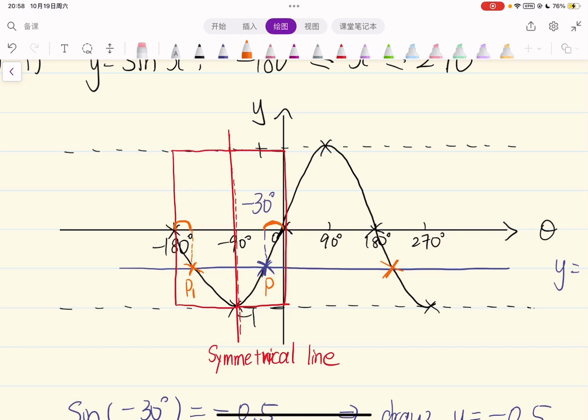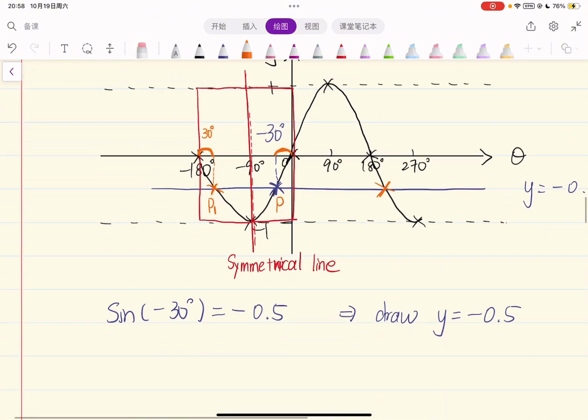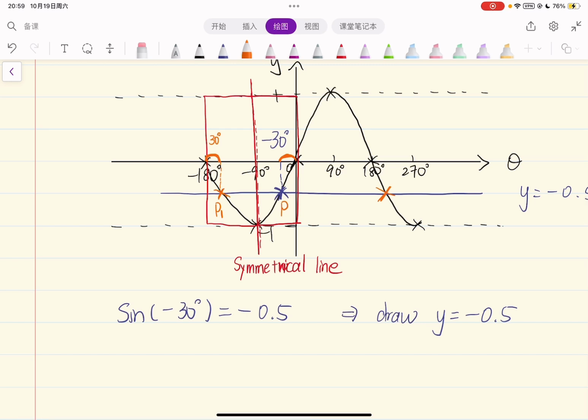So these two distances are the same. So that is 30 degrees. So for P1, the value of theta should be negative 180 degrees plus 30 degrees equals negative 150 degrees. Right?